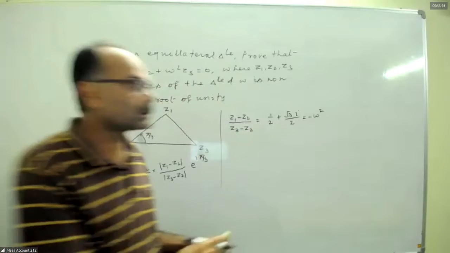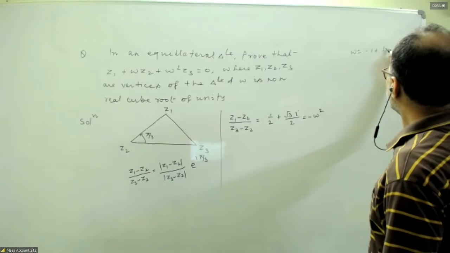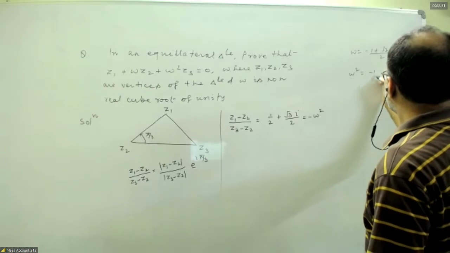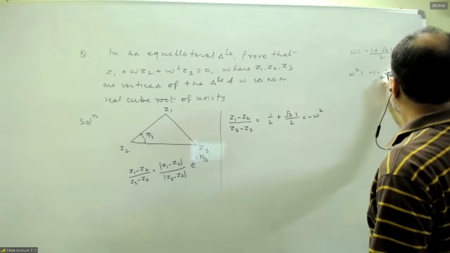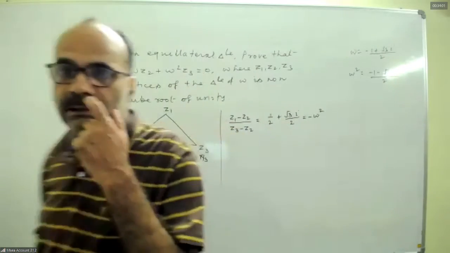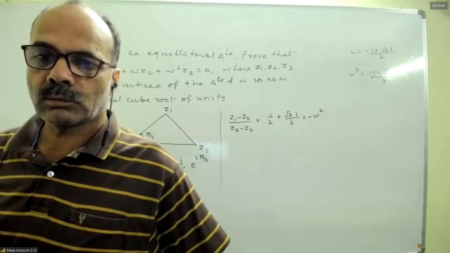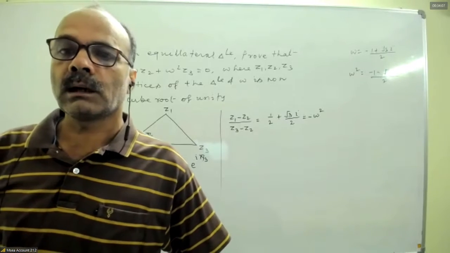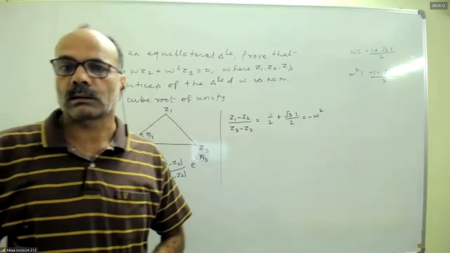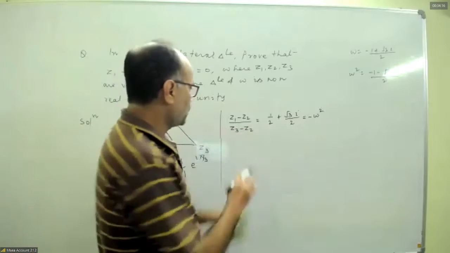See, omega is e to the power 2 pi i by 3, and omega square is e to the power 4 pi i by 3. So this is minus omega square.